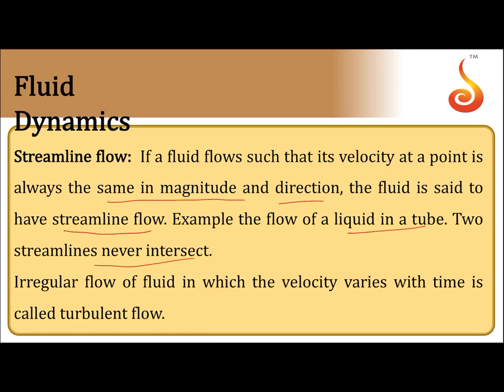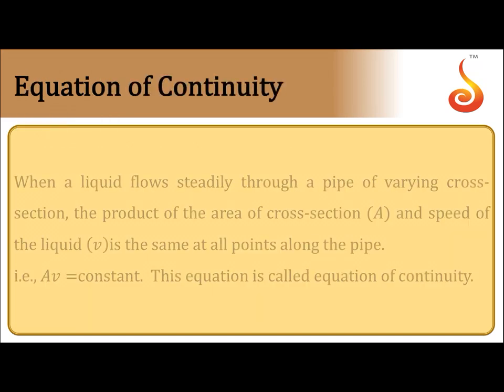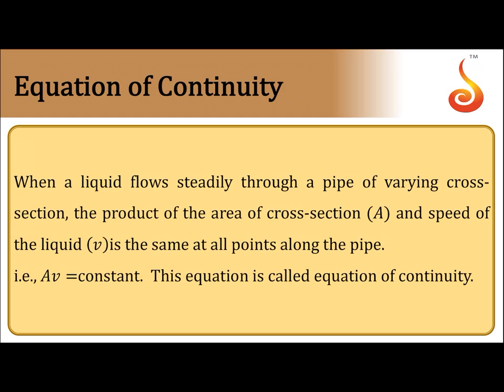An irregular flow of a liquid in which the velocity varies with time at the same point, at different times different velocities are observed, that is called turbulent flow. So coming to equation of continuity.